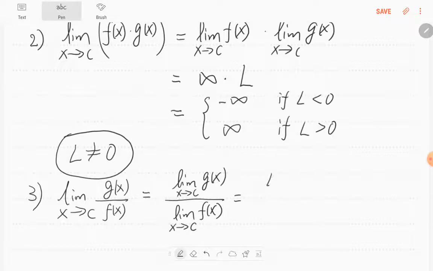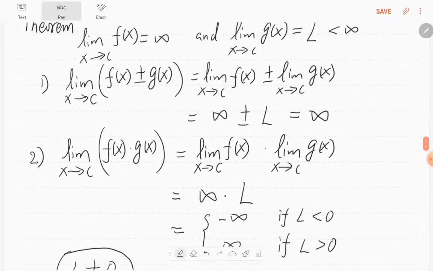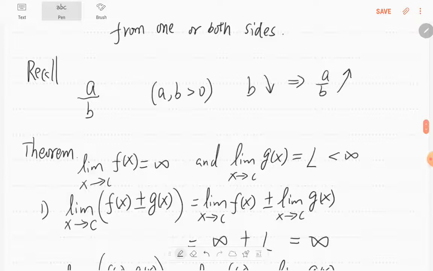This is L over infinity. Infinity means the denominator is very large. Let's recall the result: if b is decreasing, then a over b is increasing, right?